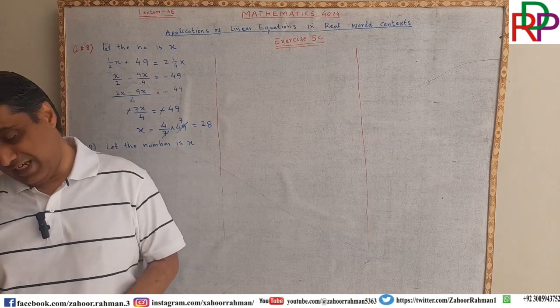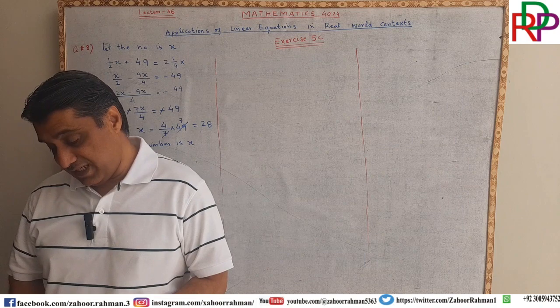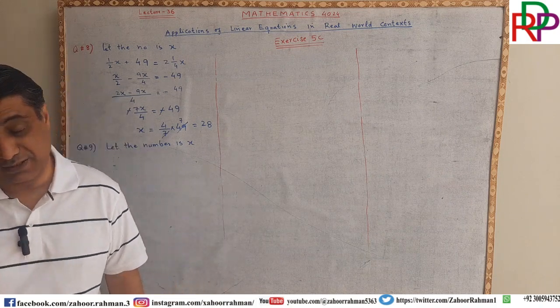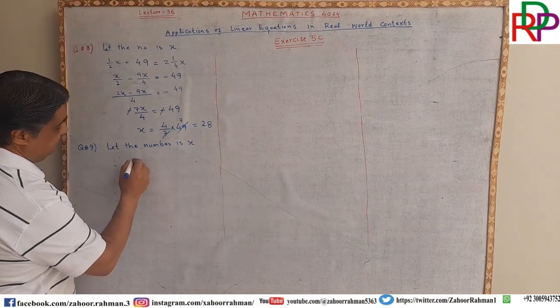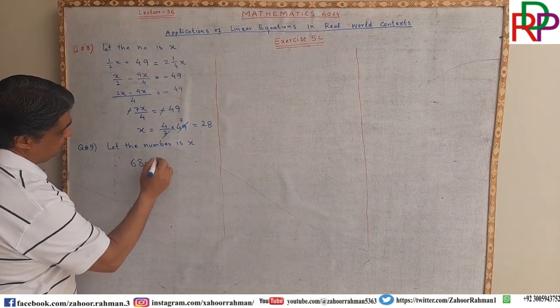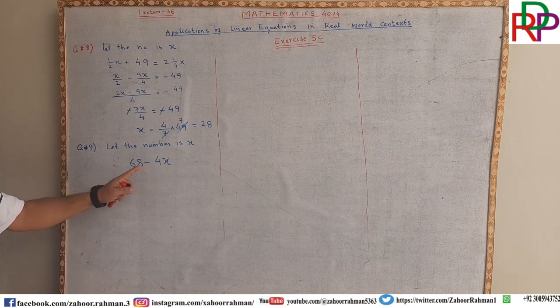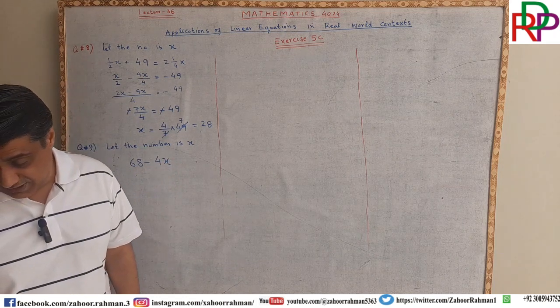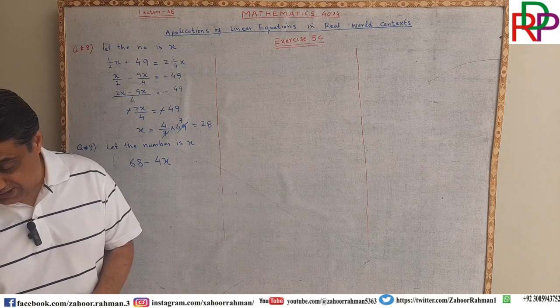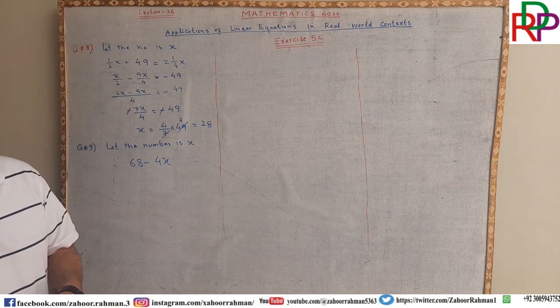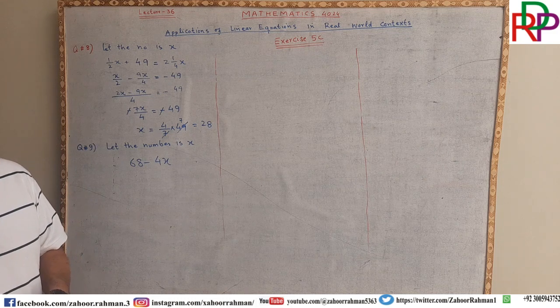Now the question is saying that when a number is multiplied by 4 before subtracting it from 68, so we have to subtract 4 times that number from 68. The result obtained is the same as 3 times the sum of the number and 4.